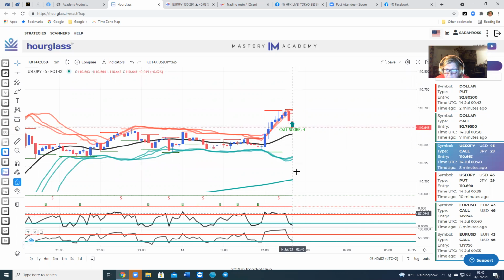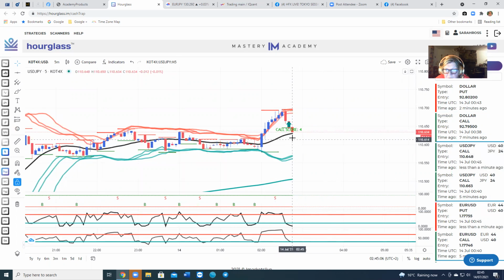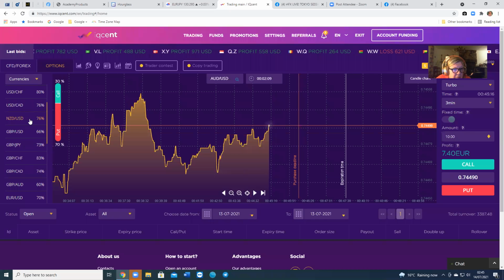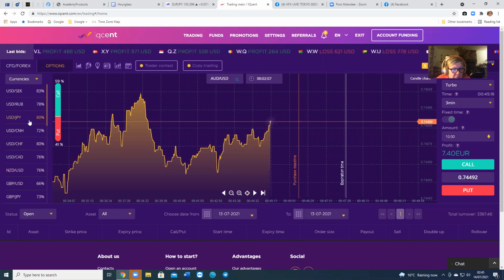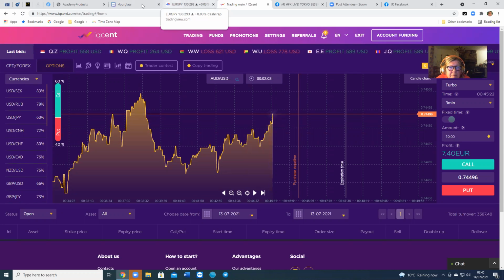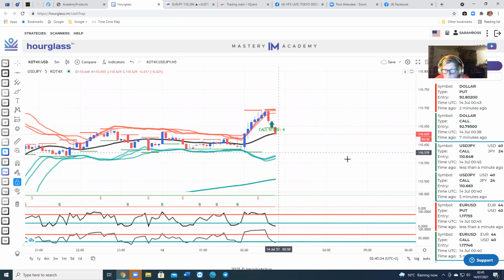That is oversold and oversold. We've got moving average in our favour. We've got the currency strength in our favour. It's down at the 631, but it's only paying out at 60%. And it's really not worth the sweat to do that. That is the problem with that.